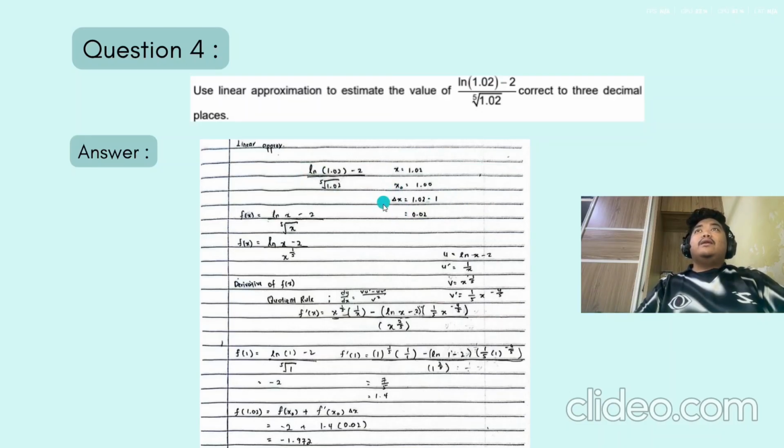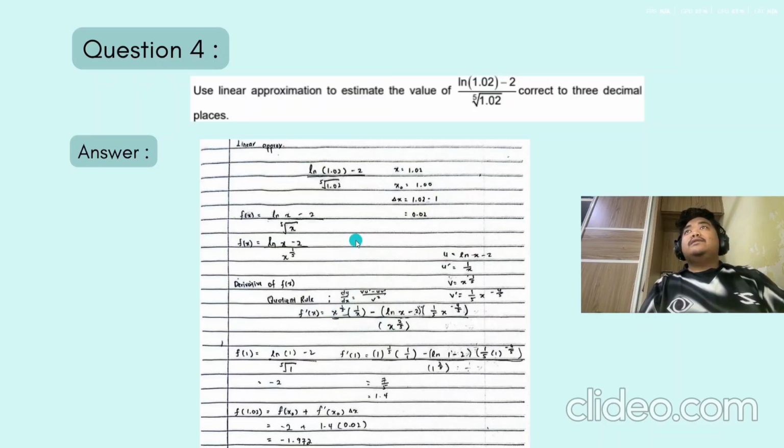We find the difference between the two, hence delta x is 1.02 minus 1. Then, by writing out the equation in terms of x, we need to find the derivative of f(x), which is f prime of x.